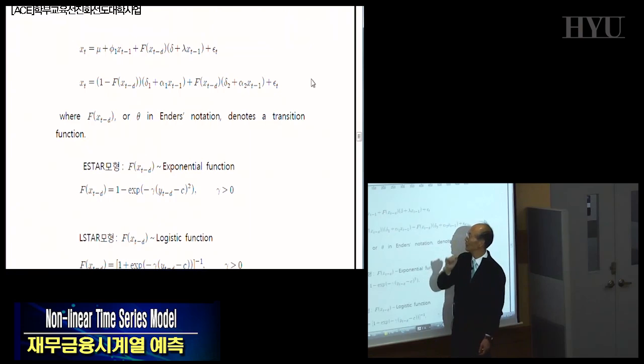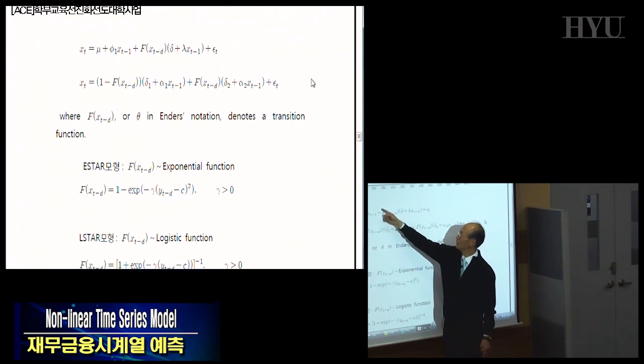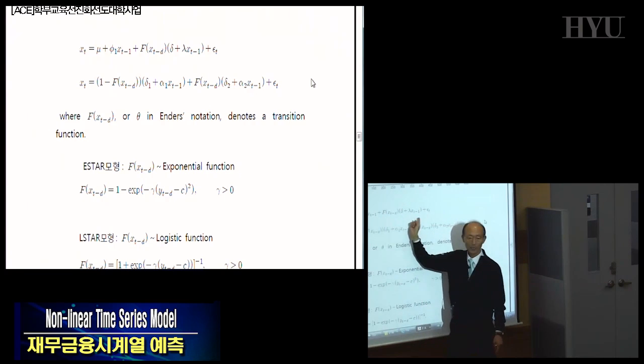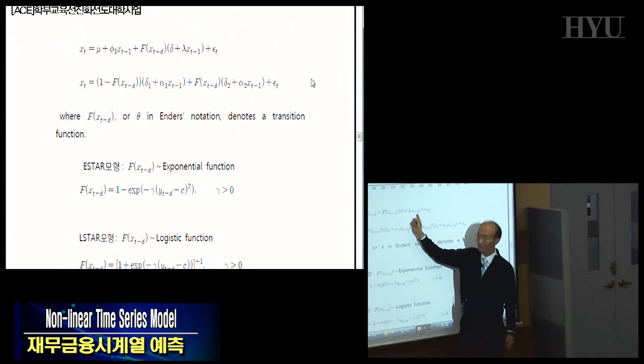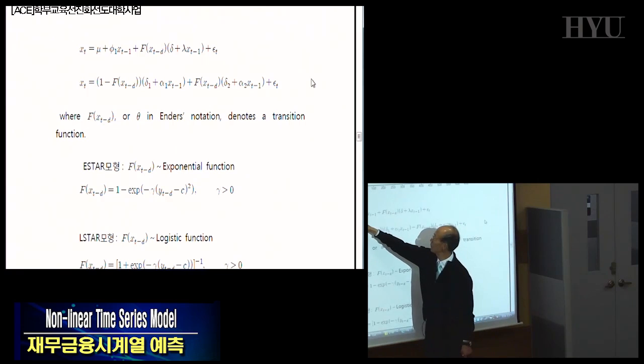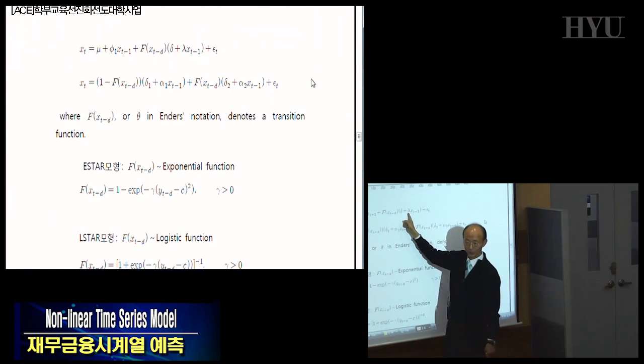Okay. If this turns out to be 0 all the time, then this term drops out and it's the usual AR1 process. If it is not 0, then the coefficient will be the sum of these two, of course with the weight.